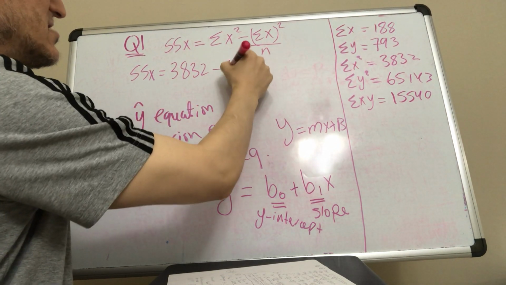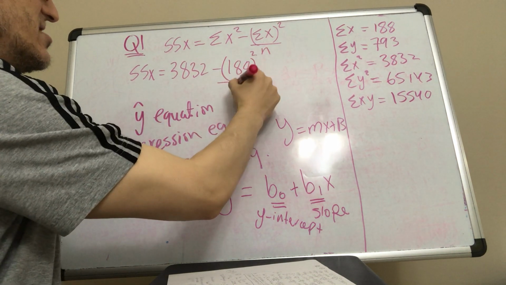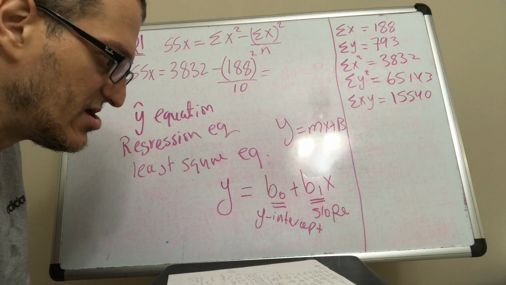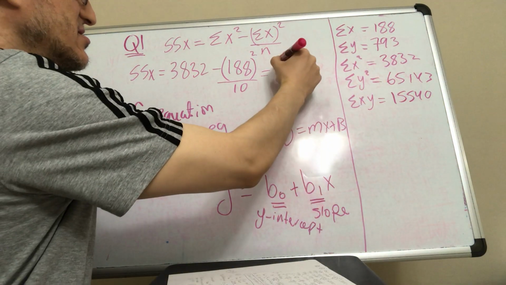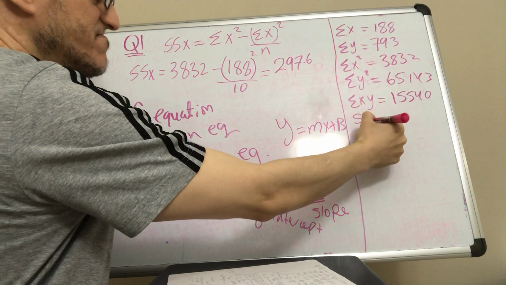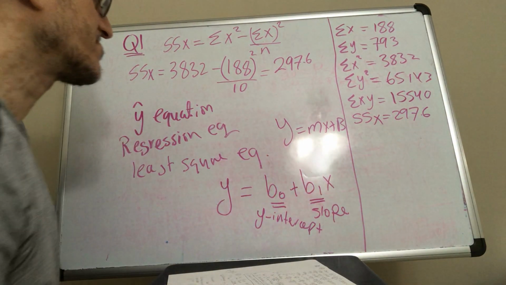The sum of x, that's the 188. And there are 10 numbers. You do the math for this, and it's 297.6.